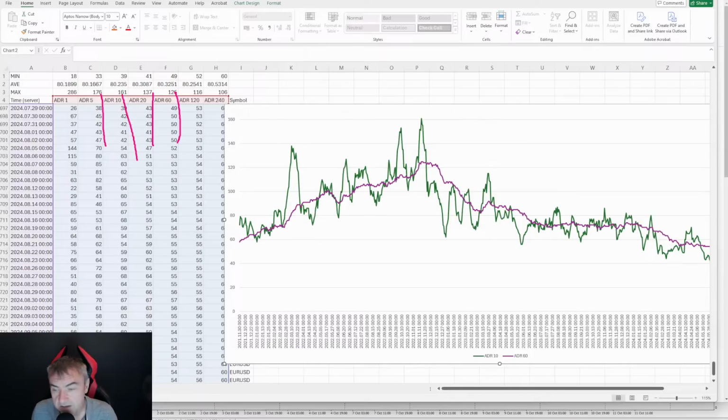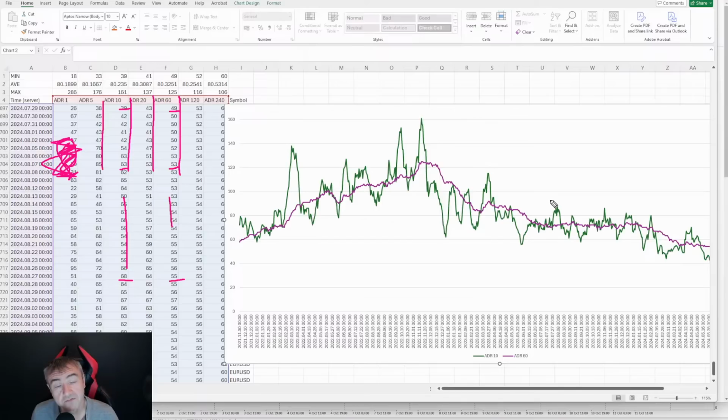Here in normal trading conditions, your ADR 10 ranging from 39 to 63 there and ranging from 49 to 53 there, it's not massively different, is it? Sorry, those were the ADR 1s, weren't they, that I was looking at, not the ADR 10s. But when you get these bigger movements, you're going 20 pips difference, that sort of thing. So ignore that. When I was talking about those 140s, that was ADR 1s.